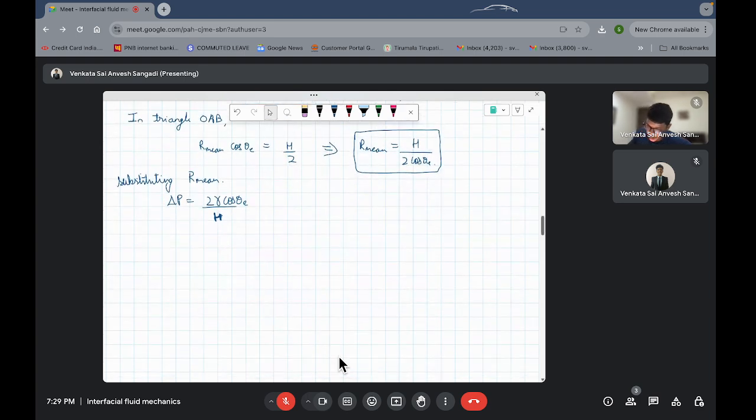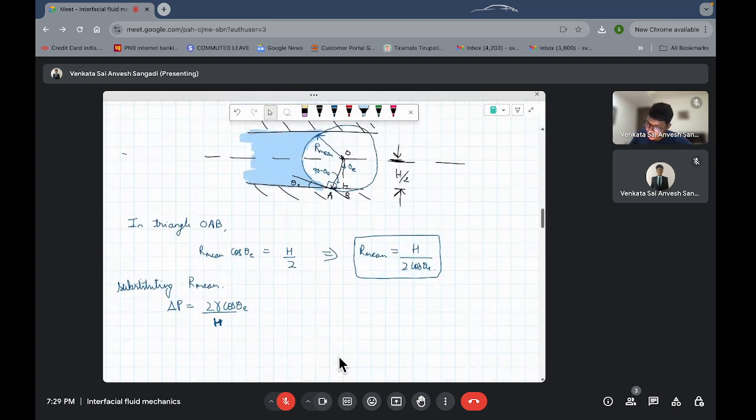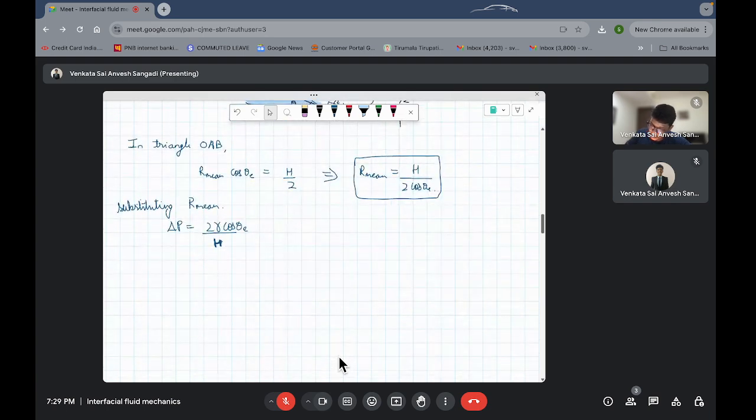So this force, if we look at the top view, this pressure will be acting on the radius r.